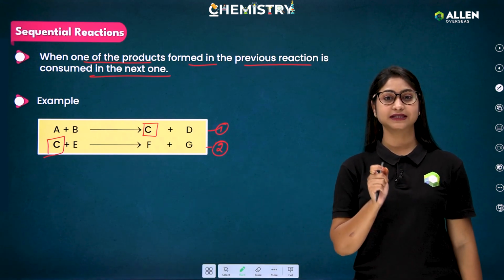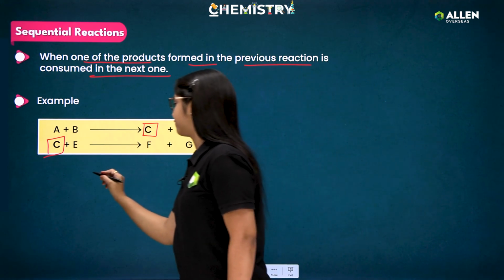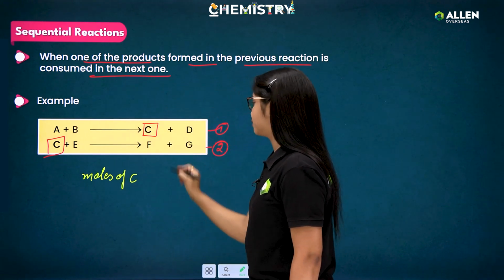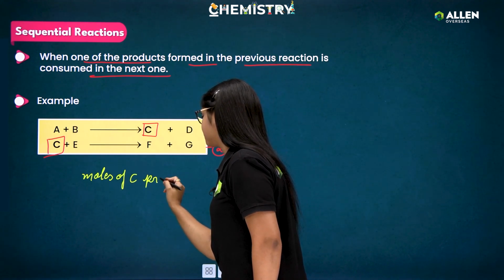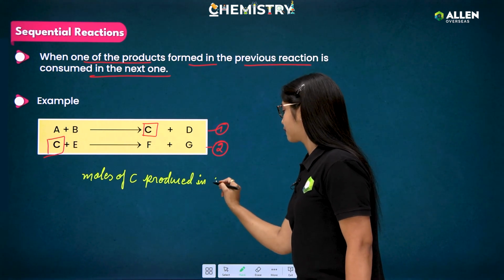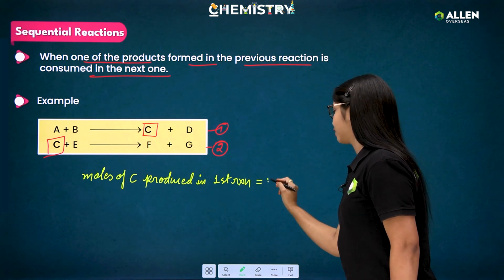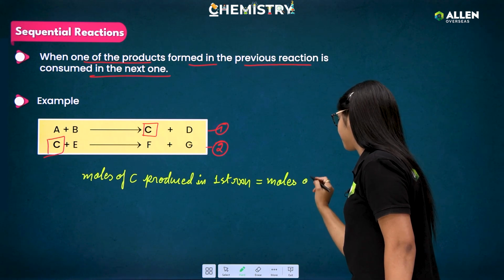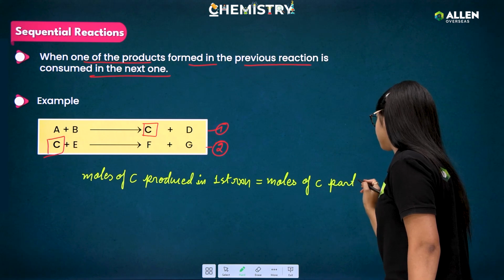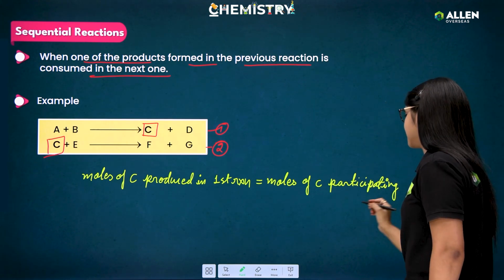Now a very important thing about these reactions is that moles of C produced in the first reaction will be equal to moles of C participating in the second reaction.